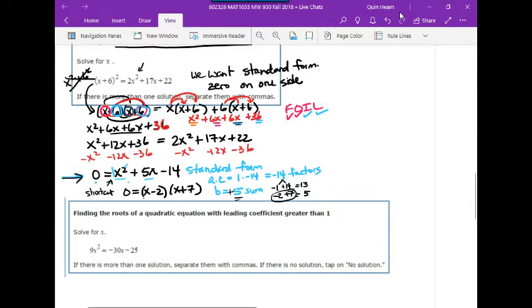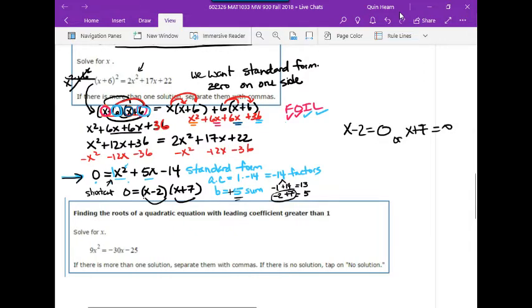So now we can apply the zero factor property, which says that either x minus 2 is equal to 0 or x plus 7 is equal to 0. These are two mystery numbers being multiplied together. Their product is 0, and the only way that can happen is if either x minus 2 is 0 or x plus 7 is 0.